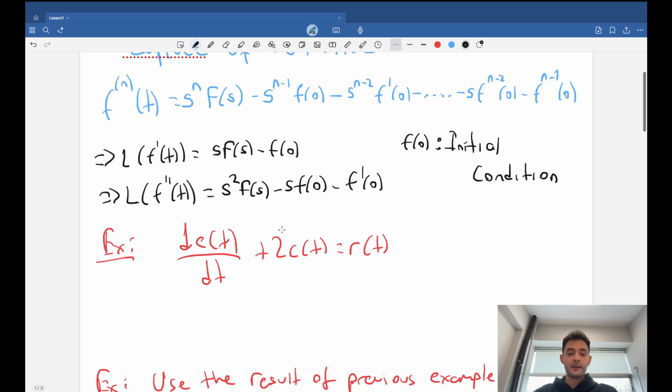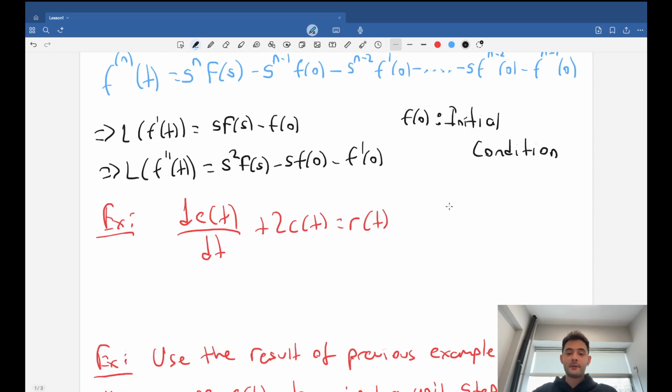So first, let me do this easy example to get you warmed up for the upcoming topic. Since you all know, if there's a given differential equation, you will probably be asked to find the transfer function, right? And the transfer function, as we covered in the previous video, is G(s), which equals C(s) over R(s).